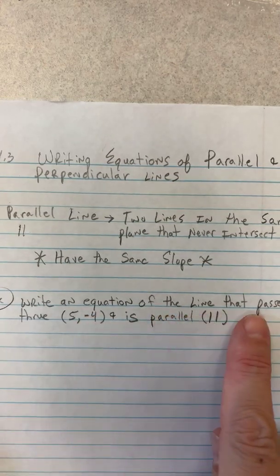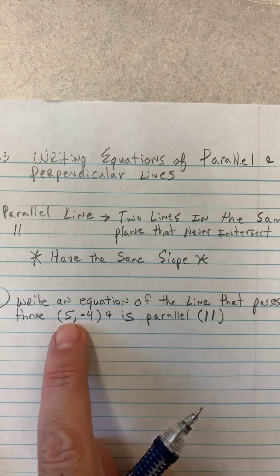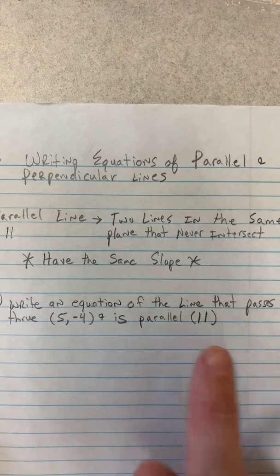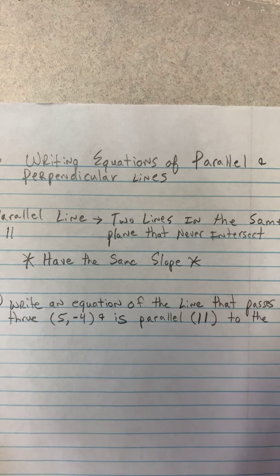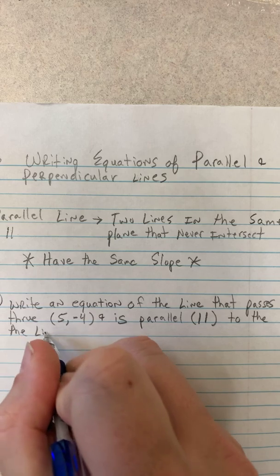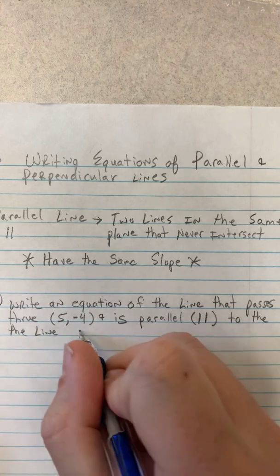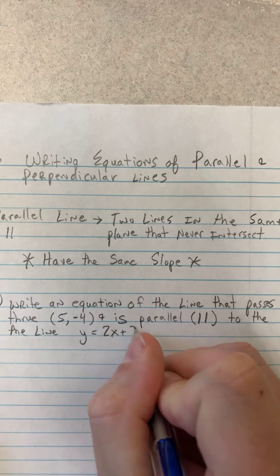So we're going to write an equation of a line that passes through (5, -4) and is parallel to the line y equals 2x plus 3.